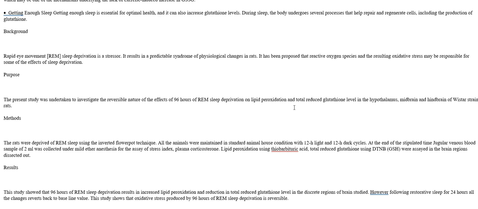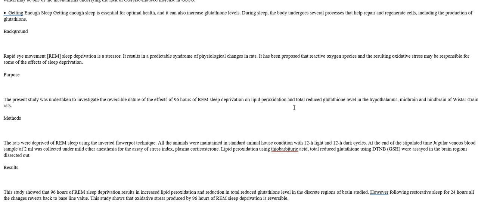At the end of the stipulated time, a jugular venous blood sample of 2 milliliters was collected under mild ether anesthesia for the assay of stress index, plasma corticosterone, lipid peroxidation using thiobarbituric acid, and total reduced glutathione using DTNB, which were analyzed in the brain regions, and they say dissected out.